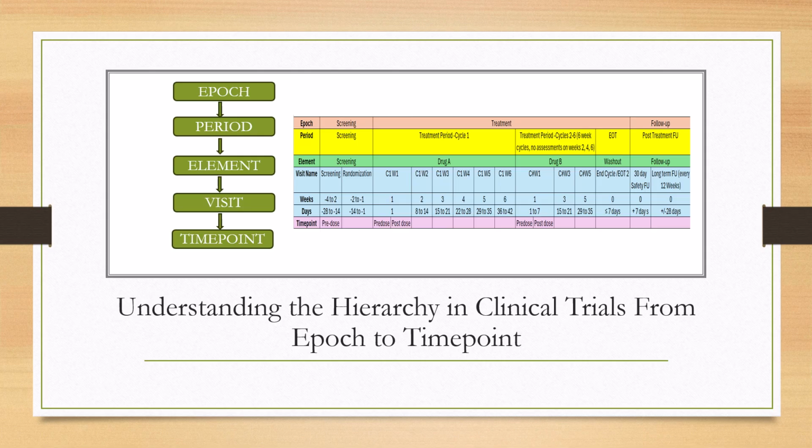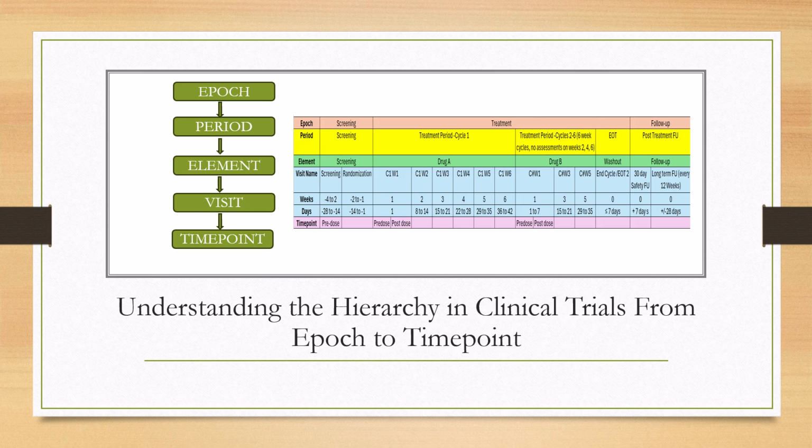So what you can see here is that in this study, mainly we have three epochs, that is screening, treatment, and follow-up. But based on these epochs, you can see that they can be further classified into periods.